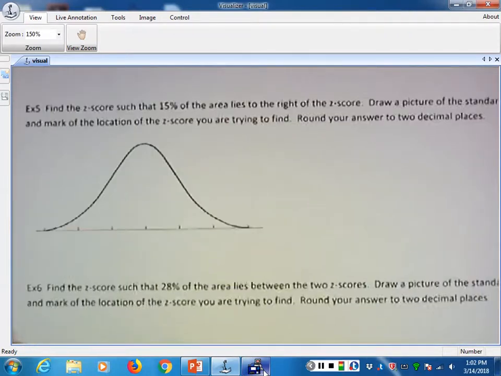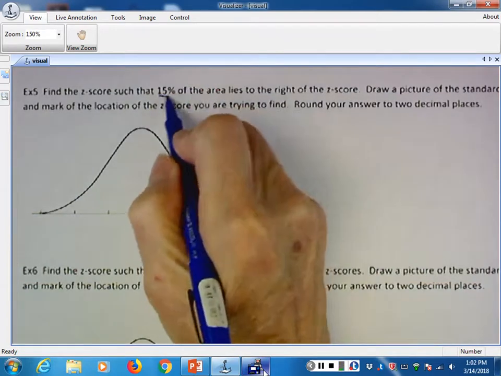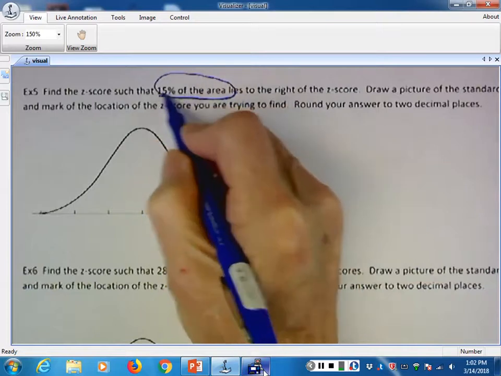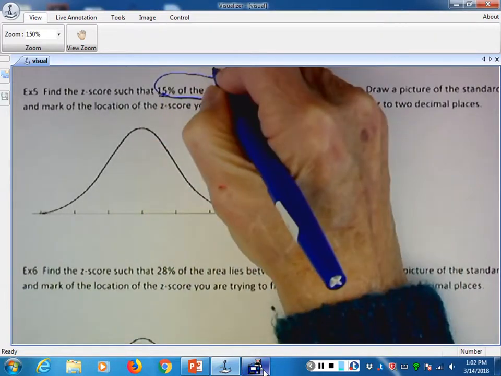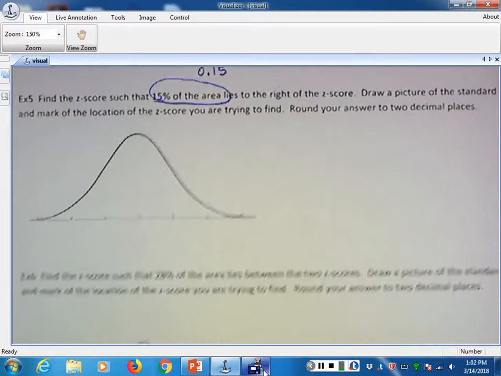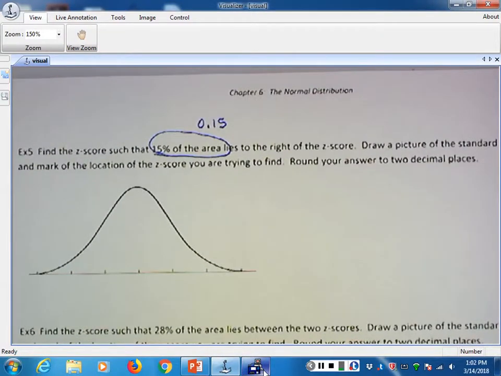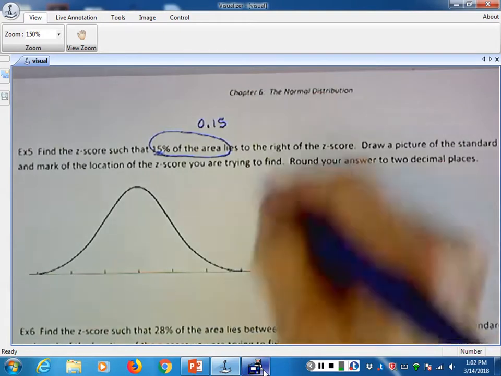So we've got two more examples. The first one says find the z-score such that 15% of the area, so that's 0.15, is to the right of the z-score.